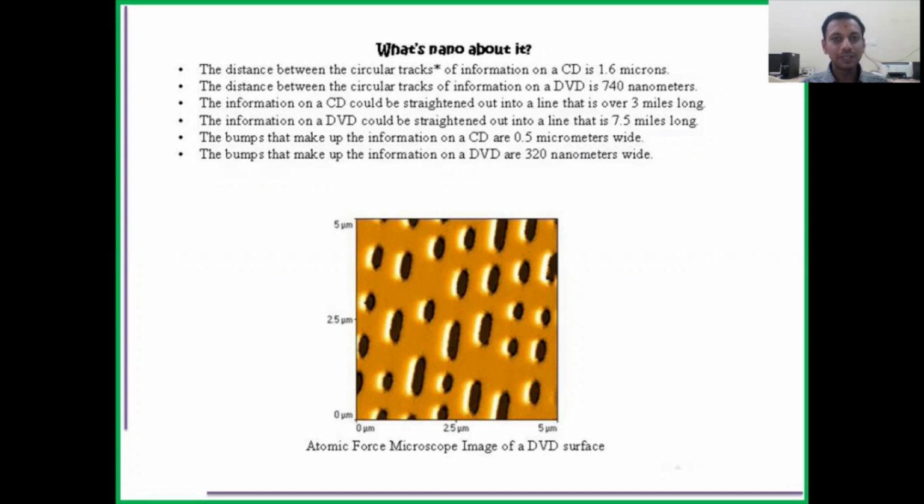People are now using DVDs and pen drives, but the bumps that make up the information on a DVD are 320 nanometers wide. That's why there is large storage in the DVD. You can see the real picture of the DVD surface.